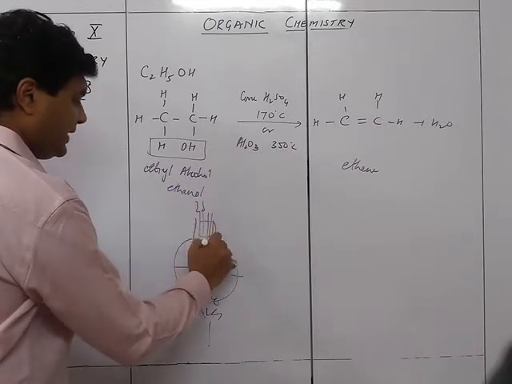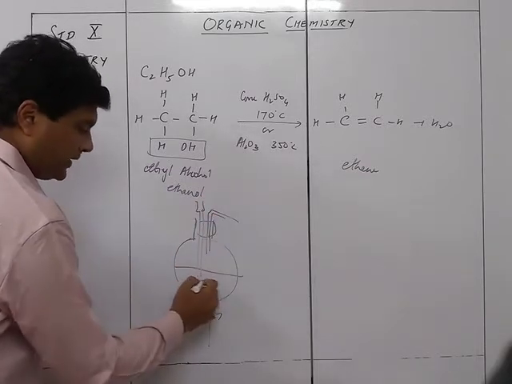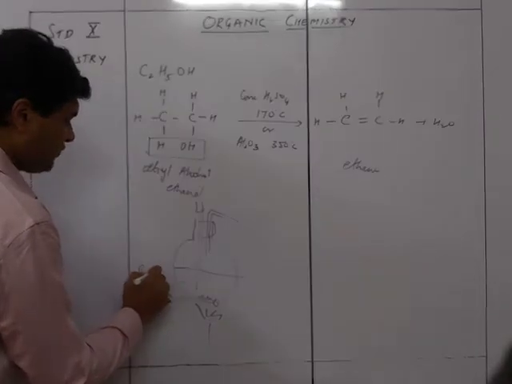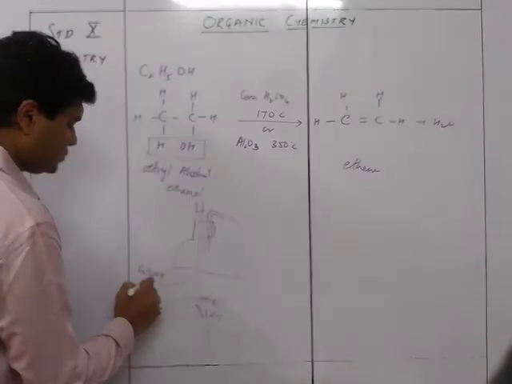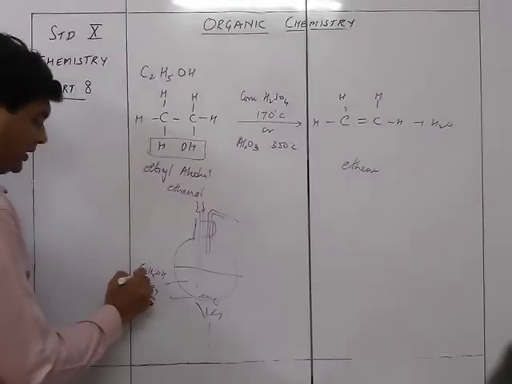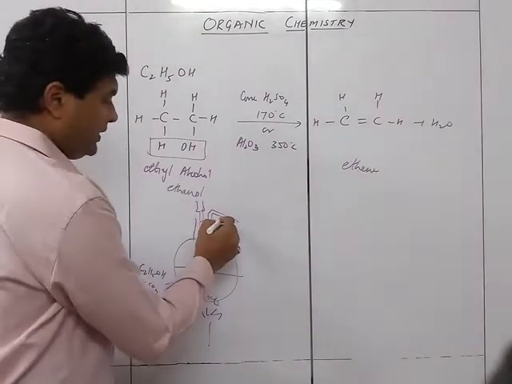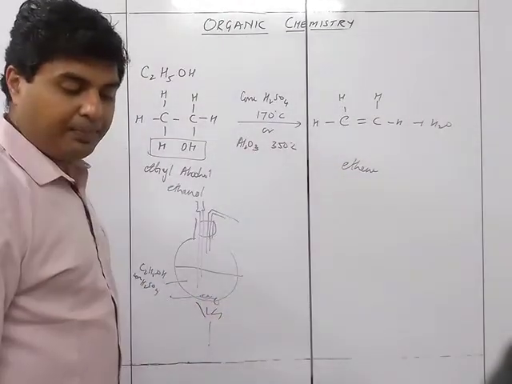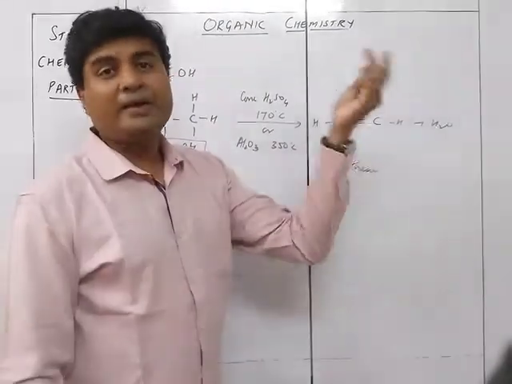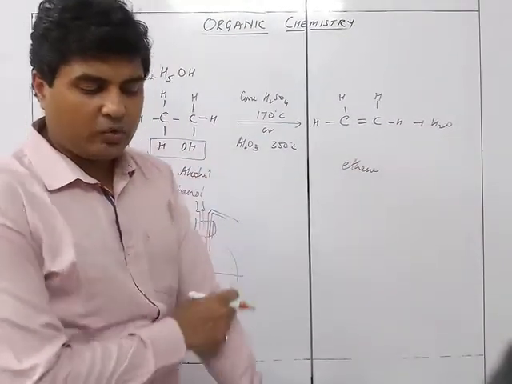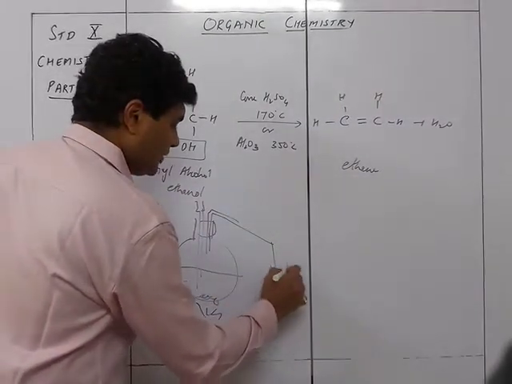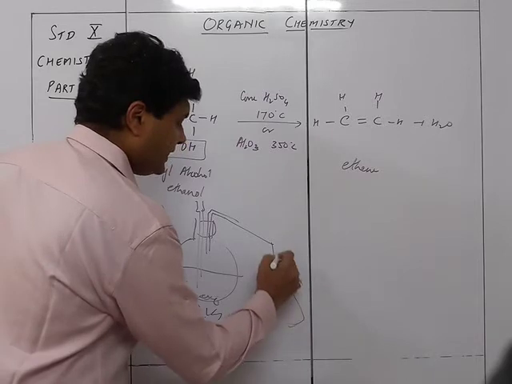This is the combination of ethyl alcohol, C2H5OH, along with concentrated H2SO4, which is going to be heated. Because you want ethene gas, water needs to be taken out, and that is why we first pass it through a flask containing NaOH.